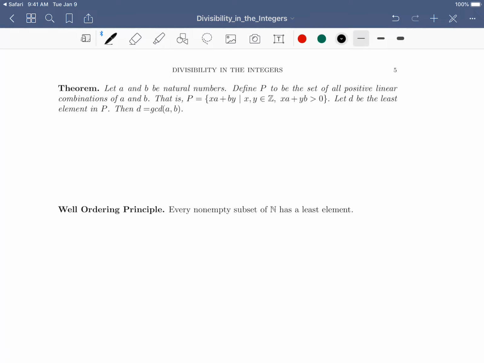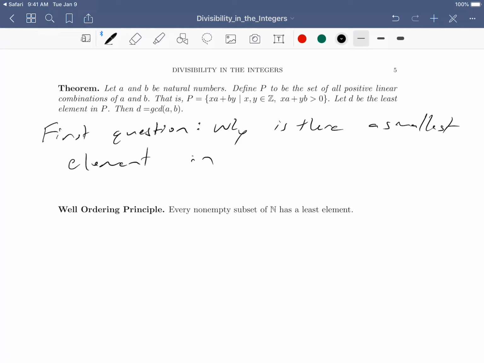All right, so the first question when you're looking at this is why is there a smallest element in P? That's a pretty good question to ask. It hinges on something called the well-ordering principle. The well-ordering principle says that every non-empty subset of the natural numbers has a least element.